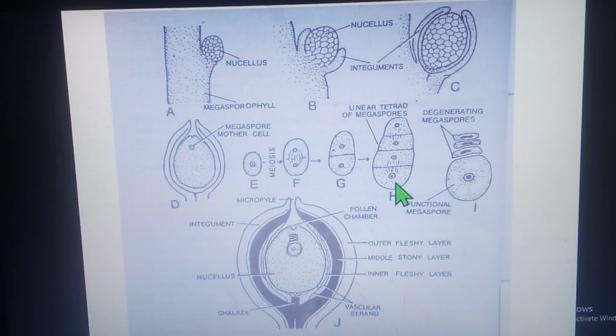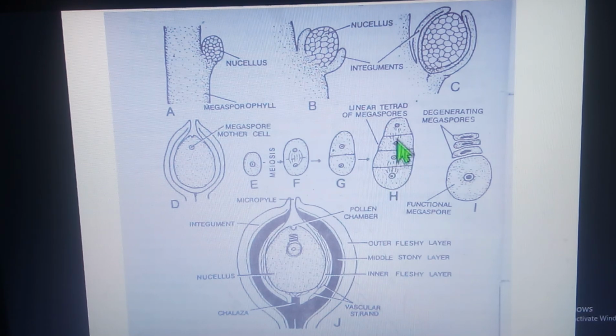Now out of these 4 megaspores, only one spore, remember this, the lowermost one, meaning the one facing the chalazal end, will become the functional megaspore.